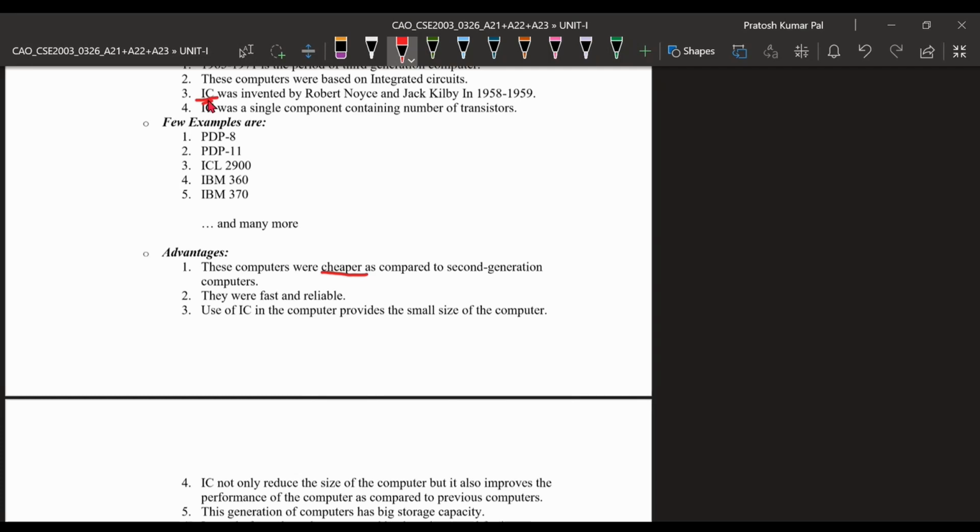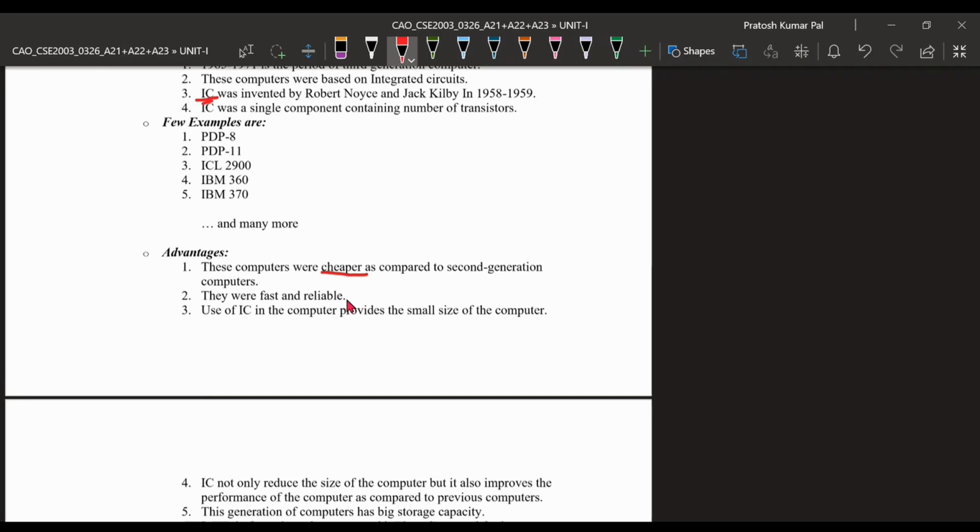A single IC, if you purchase it, costs 1 to 2 rupees. Nowadays you can get an IC for 50 pesos. That much cheaper are ICs. That's why the cost of electronic systems or computers was reduced once ICs were implemented.